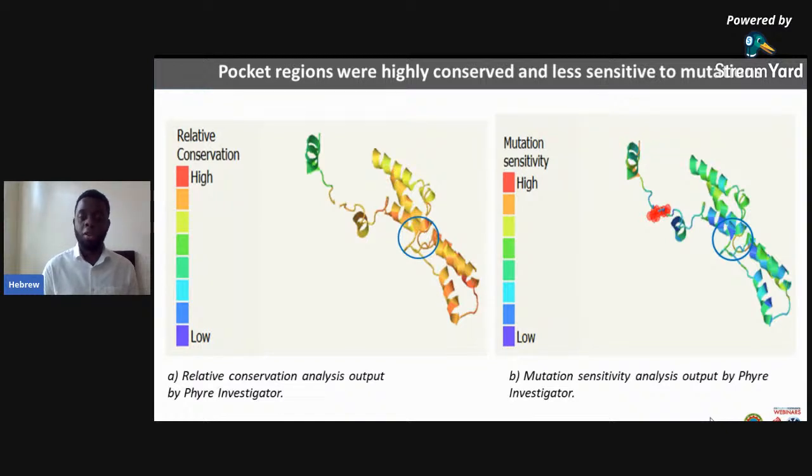That also supports the fact that these pockets are actually able to be targeted in terms of small molecule design and in terms of high throughput protocols that are going to be carried out in the next analysis. So we have highly conserved ligand binding sites and sites which are less sensitive to mutations. So that was a really good find for us.